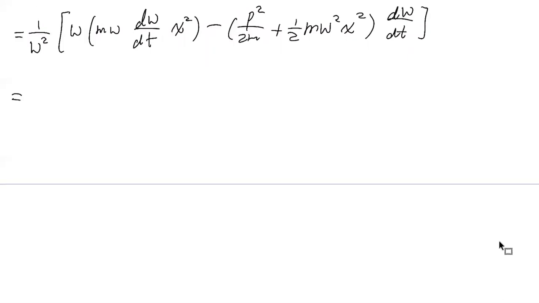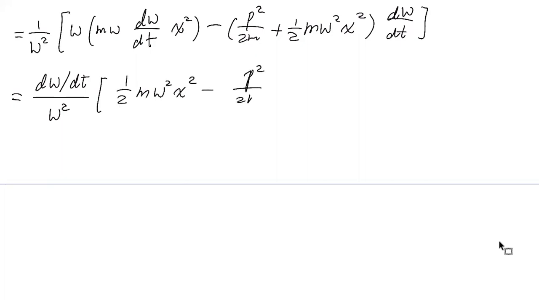And you can pull out d omega/dt, so you have d omega/dt over omega squared times 1/2 m omega squared x squared minus p squared over 2m.